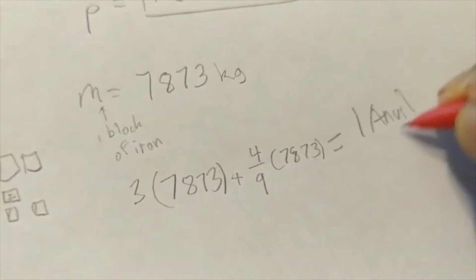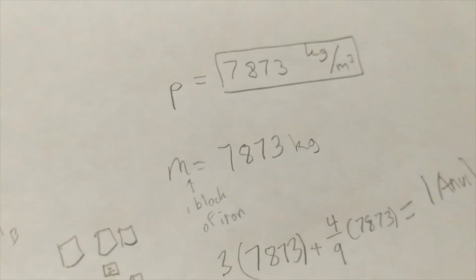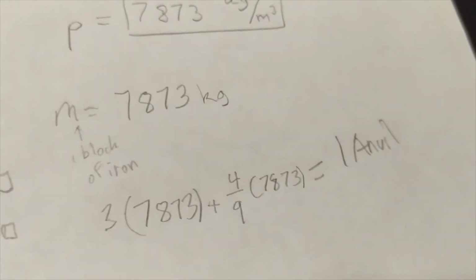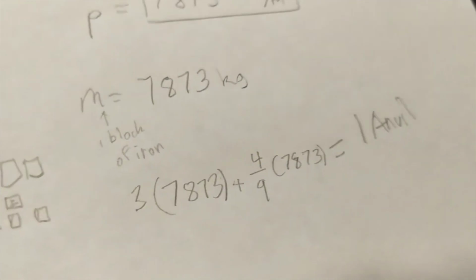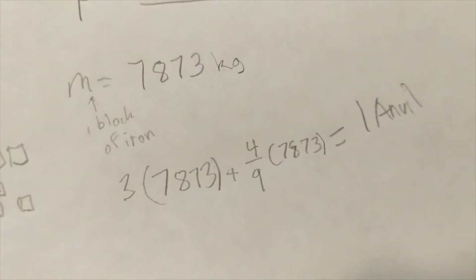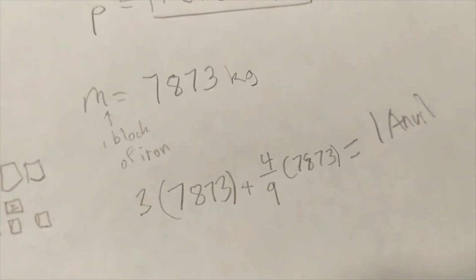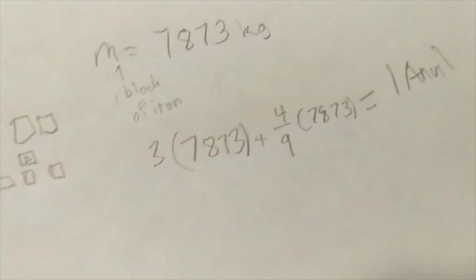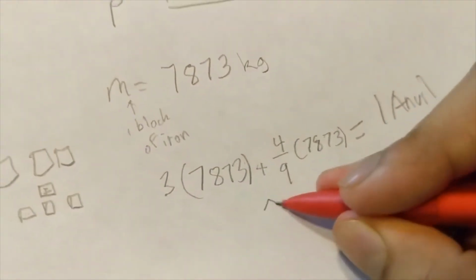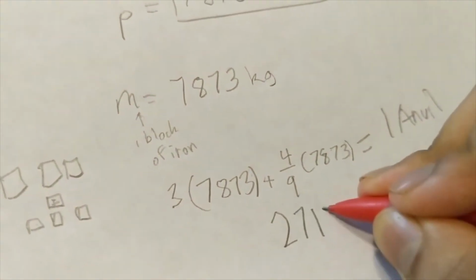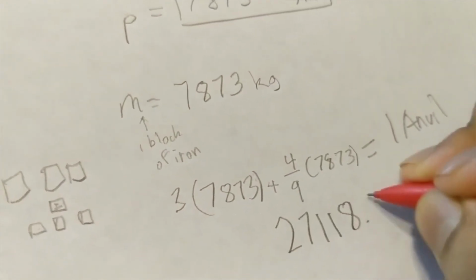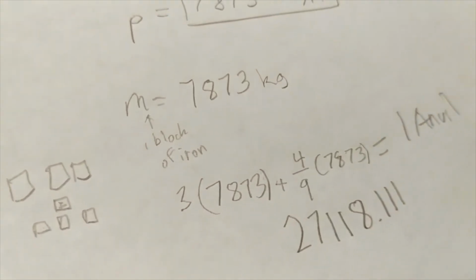1 anvil in Minecraft. And mass stays constant no matter where you are. The thing that changes is weight, which is what we're trying to find in this video. So let's calculate it. As a total, you can do a drum roll here, 22718.111.